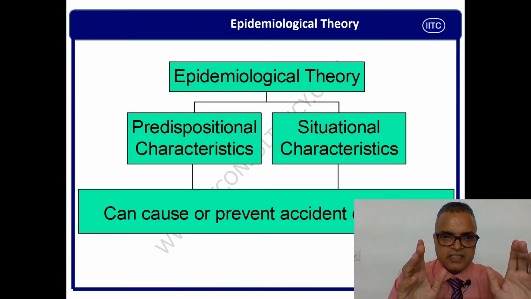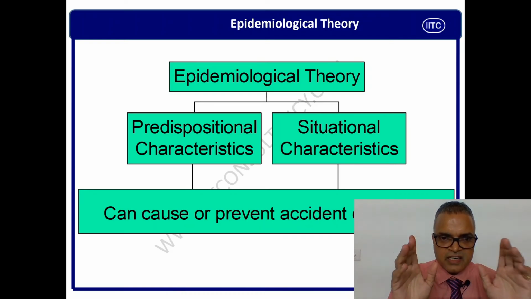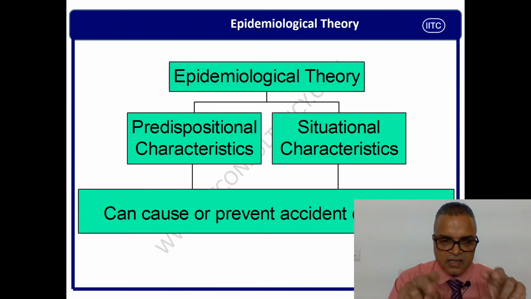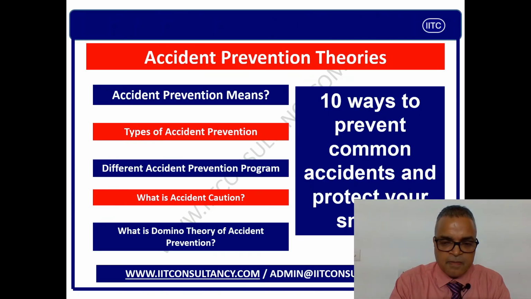Predispositional characteristics and situational characteristics: both of these will connect and can cause or prevent an accident condition. So this is a very important theory for accident prevention.